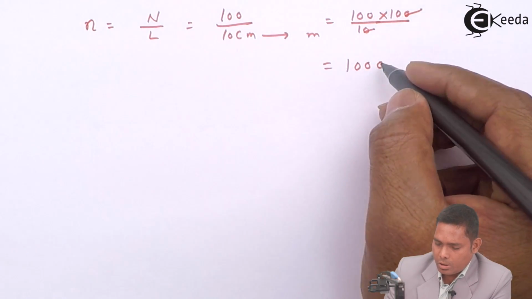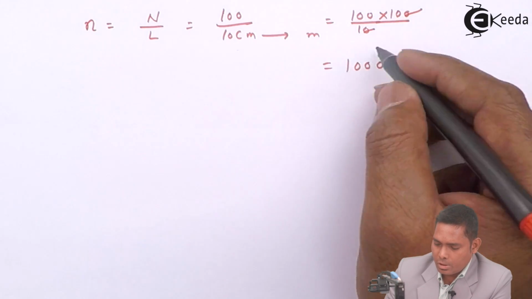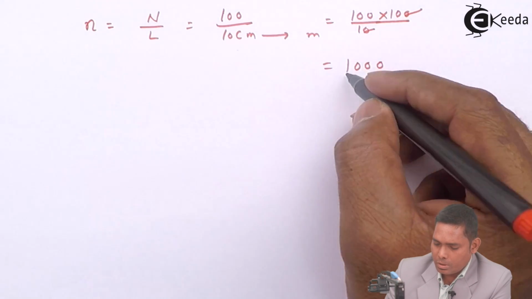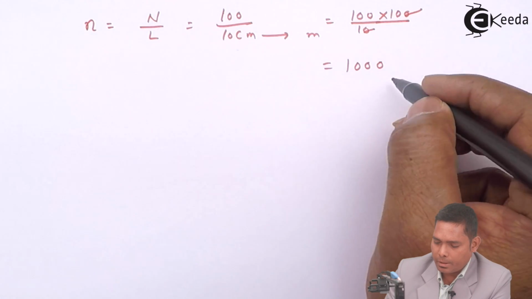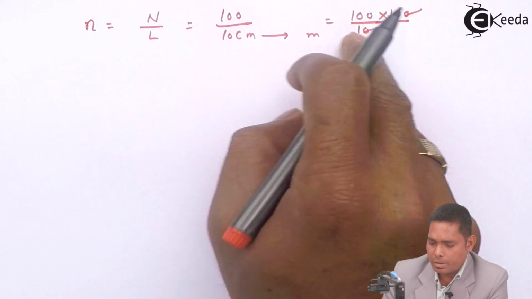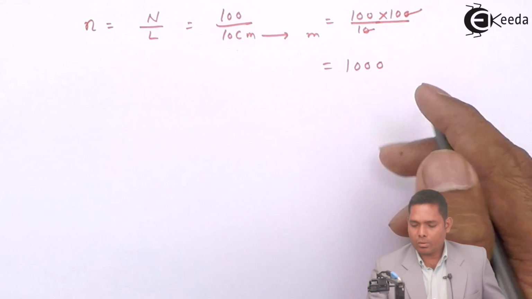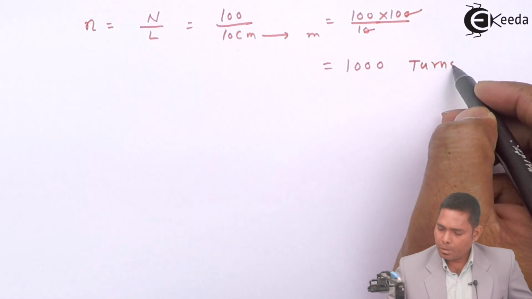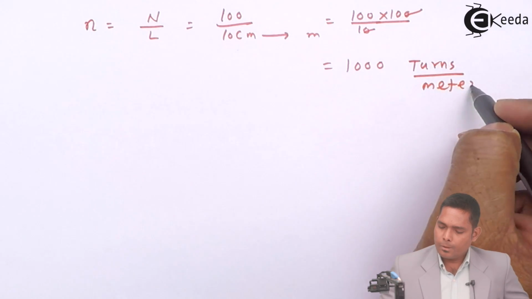So n is the number of turns per unit length, that is 1000 turns per meter, because 10 centimeter is 0.1 meter.